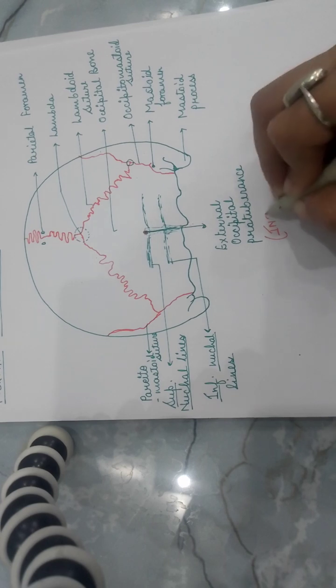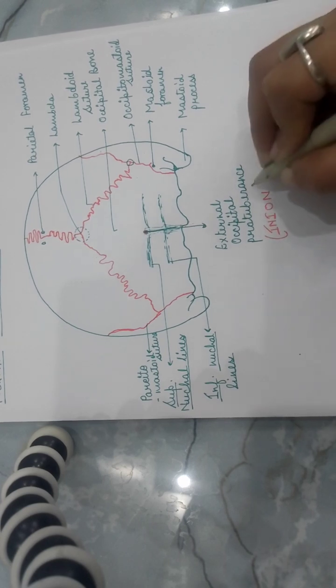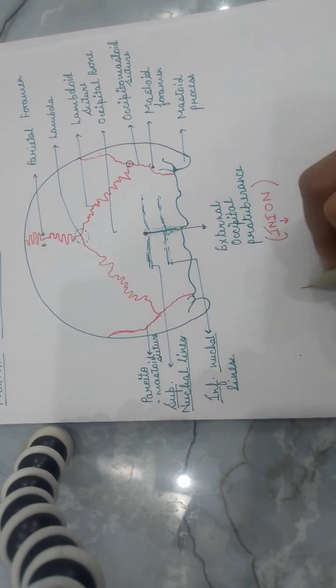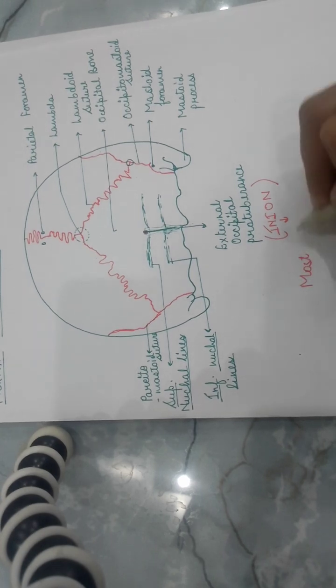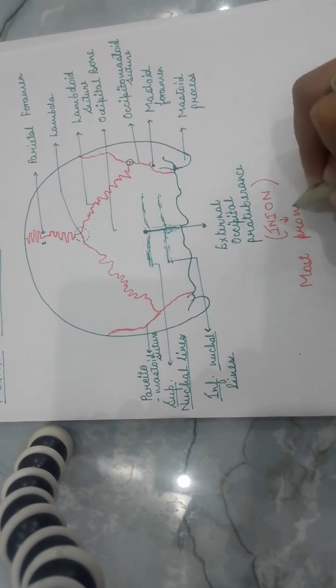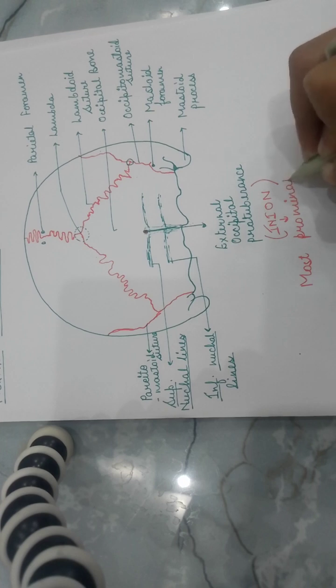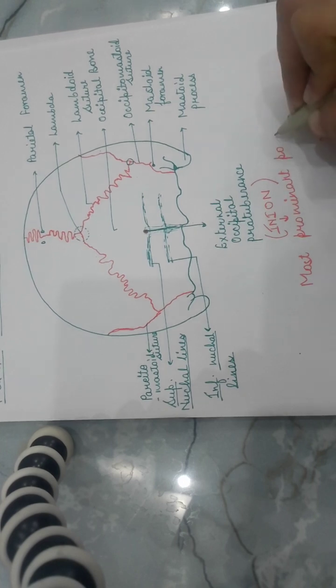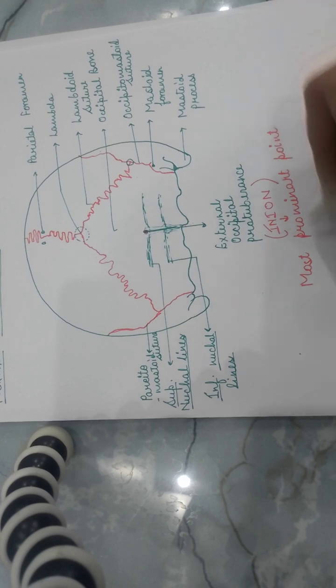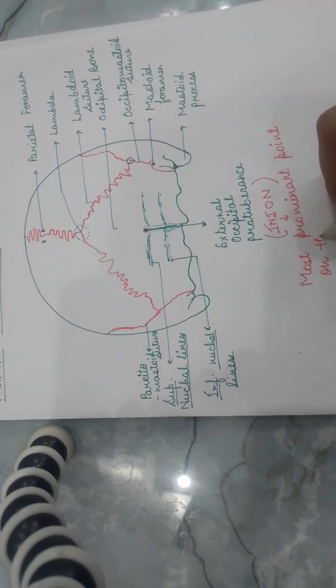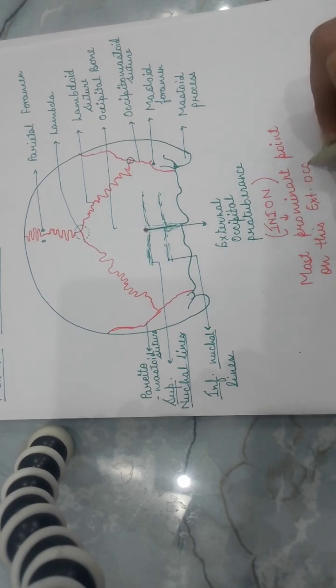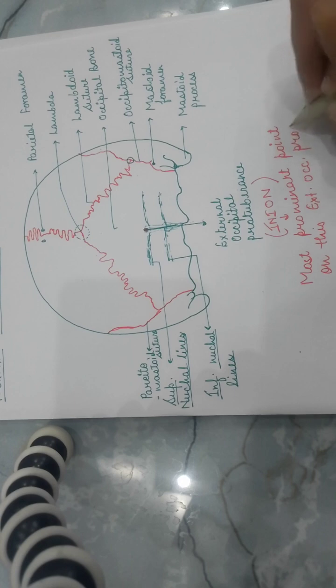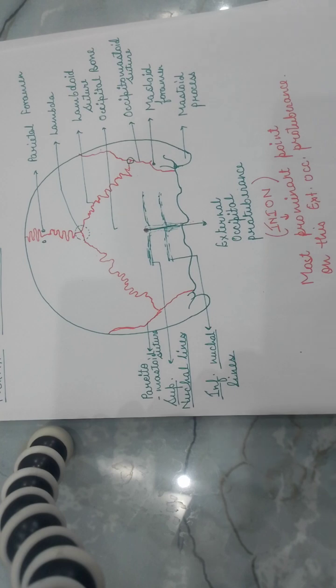What is inion? Inion is the most prominent point on this external occipital protuberance.